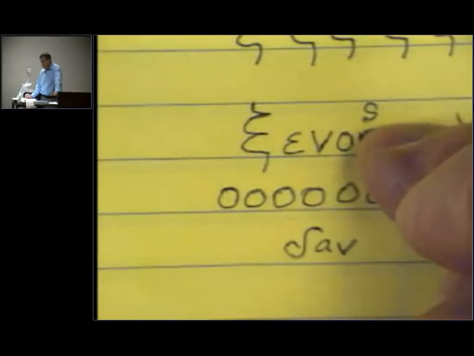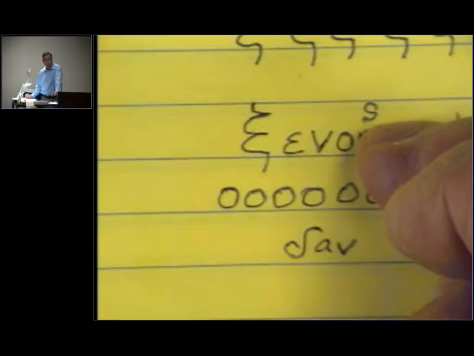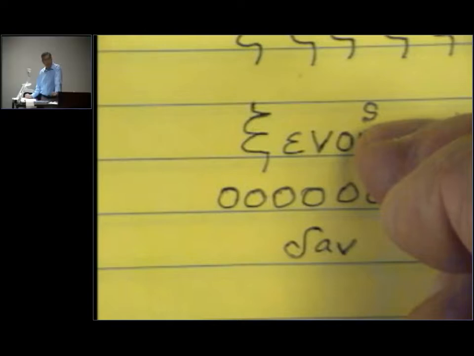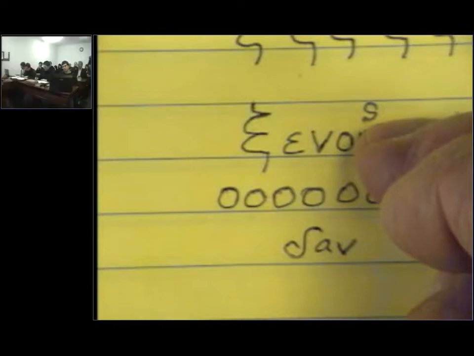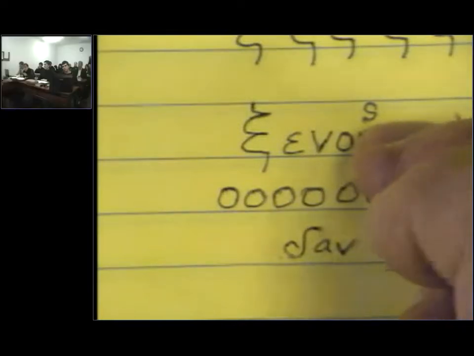If it's the subject of a sentence, the one doing the action, it will be xenos. If it's the direct object, it will be xenon.